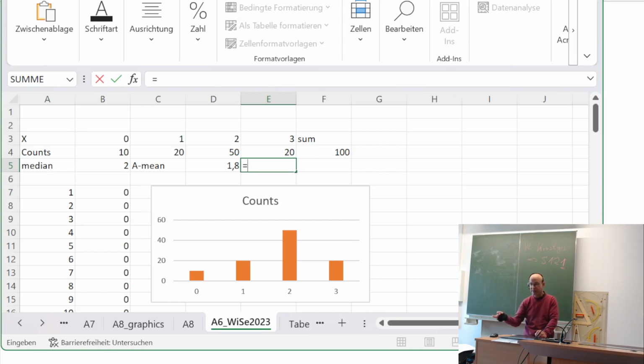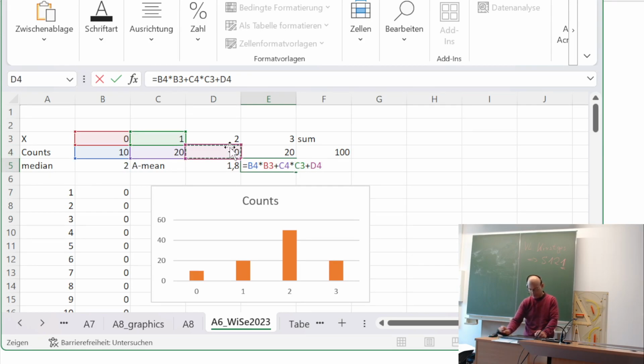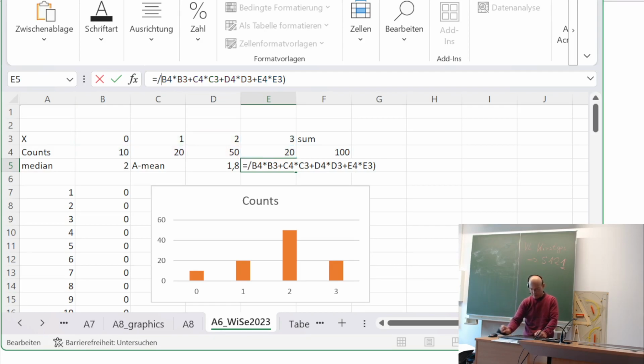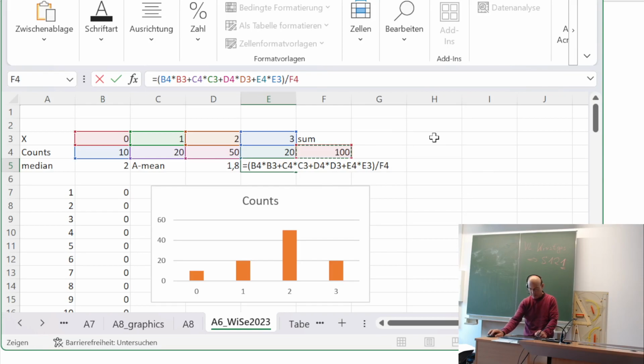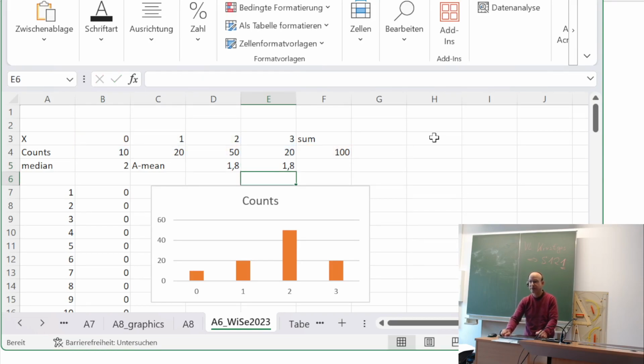So we have 10 times 0, plus 20 times 1, plus 50 times 2, plus 20 times 3, and this has to be divided by the number of the whole data set, so divided by 100. And hopefully we will obtain the same number.